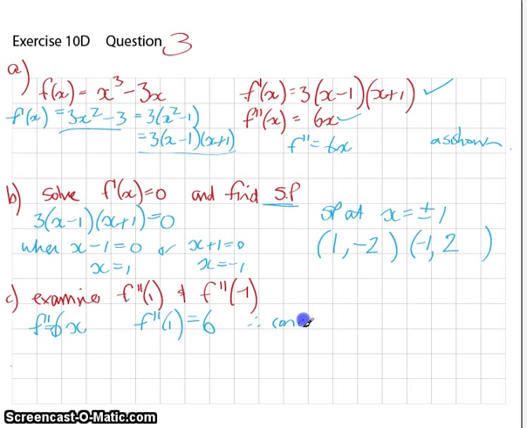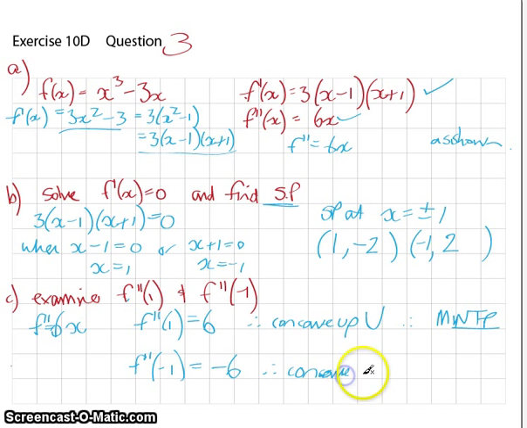So this means it's concave up, we've got this shape, therefore it's a minimum turning point. The second derivative evaluated at minus 1 is minus 6. That's concave down, looks like that. So therefore that's a maximum turning point.